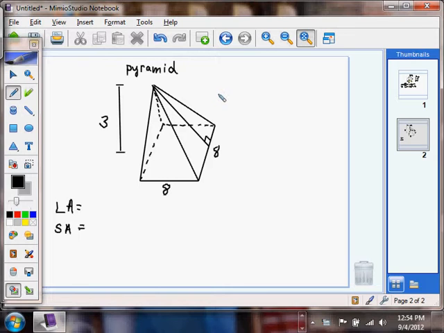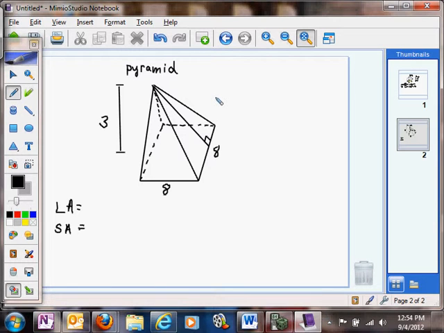You can have a triangular pyramid if the base is a triangle, a square pyramid if its base is a square, a rectangular pyramid if its base is a rectangle, and so forth. It's important to be able to name the pyramid so that you know what the base is.